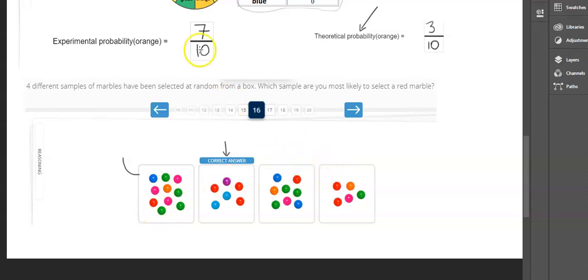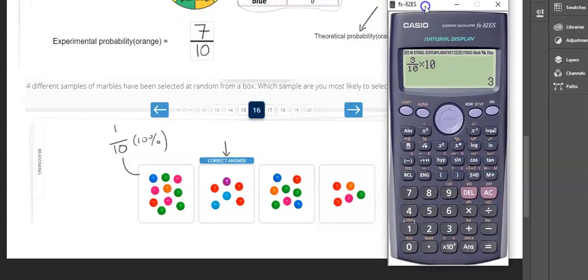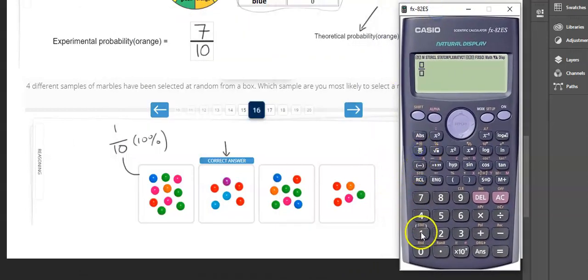So the first thing you do is you find the fraction of obtaining a red for the first scenario. So this is a 1 in 1, 2, 3, 4, 5, 6, 7, 8, 9, 10. This is a 1 in 10 chance, or 10%. Now again, if you want to double check this on your calculator, you would put 1 over 10 and just times this by 100 to get your percentage.